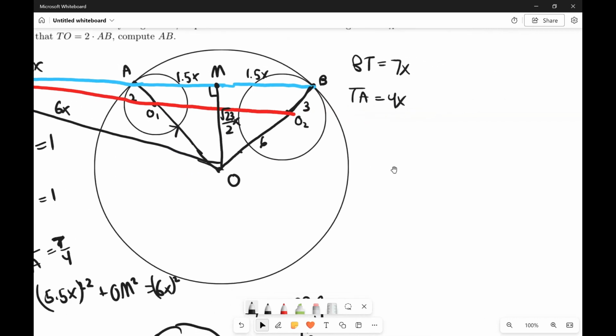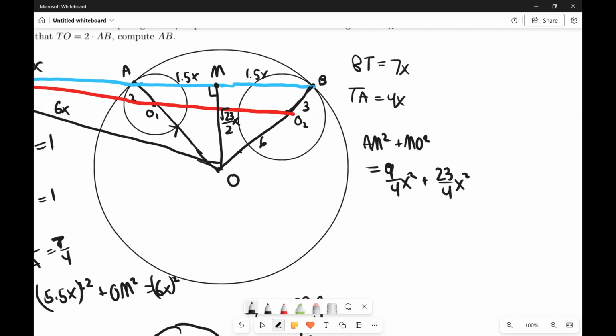So we can now use the Pythagorean theorem on this triangle to get AM squared plus MO squared is equal to 1.5 squared, which is 9/4 x squared, plus 23 over 4 x squared. And now the smoke clears with these nasty fractions. This becomes 8x squared, and this is equal to 9 squared.